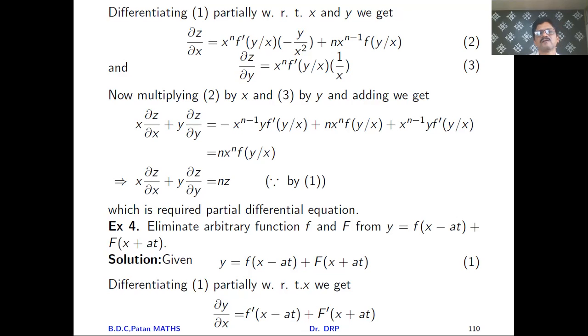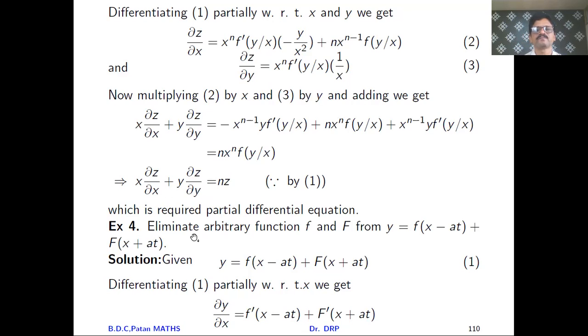And friends, in the last semester we have studied this statement as the statement of Euler's theorem: x ∂z/∂x plus y ∂z/∂y is equal to nz. So that statement is not new for you, but here by the elimination of that function f, we have formed the partial differential equation x ∂z/∂x plus y ∂z/∂y equal to nz. Now, what is another question given, friends, here?